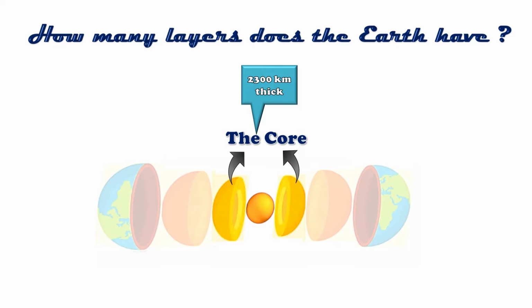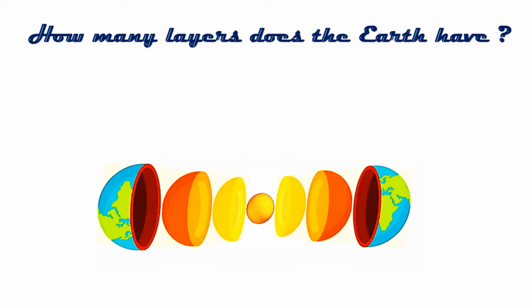And the center part of the Earth is called the core, which is 2300 km thick. Some layers have even more layers inside them and they are always moving. Come on, let's start exploring the Earth from the outside and dig our way in.